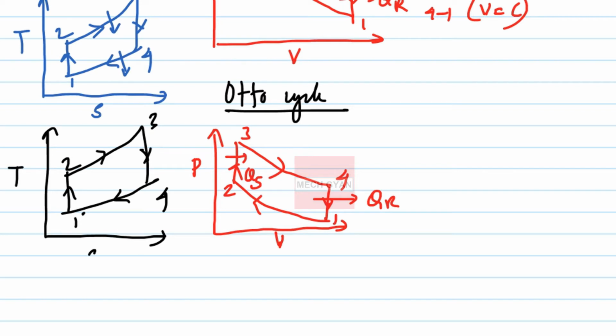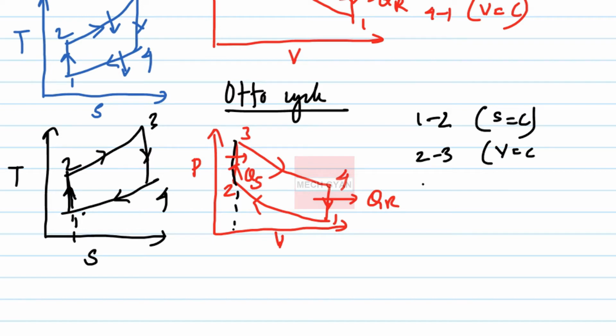For the Otto cycle, 1 to 2 is an isentropic process, a straight line, and 2 to 3 is a constant volume process. 3 to 4 is again S equal to constant, and 4 to 1 is again volume equal to constant.